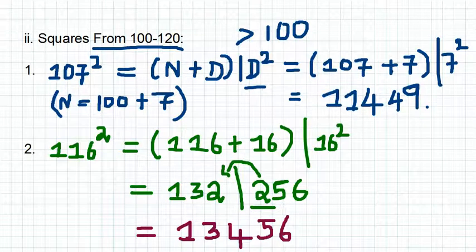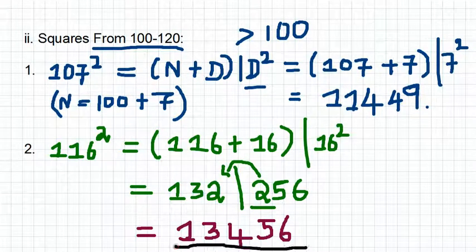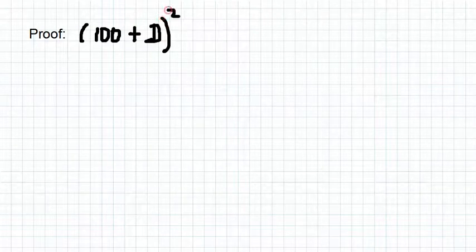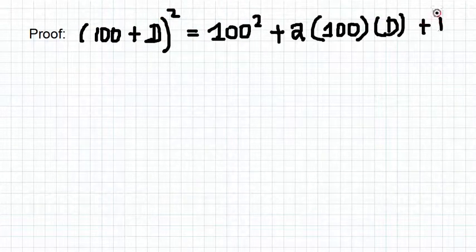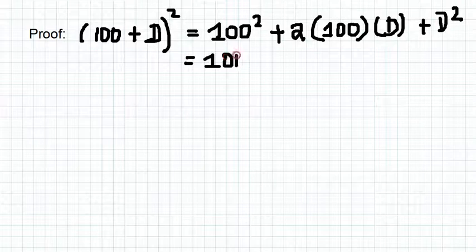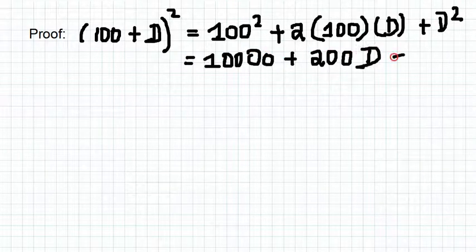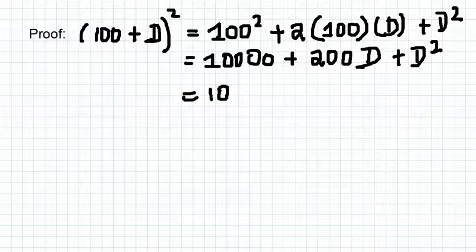Very simple formula. Now let us see the proof behind this formula. It will be 100 plus d the whole square. We are going to find the squares for numbers greater than 100, so we are using the a plus b the whole square formula. Do the substitutions.